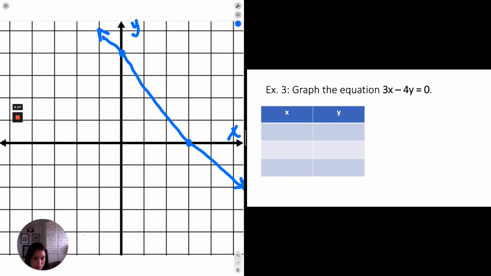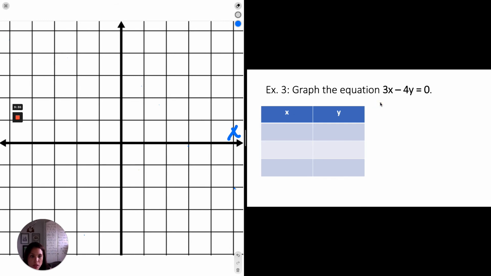So my next example, example 3, graph the equation 3x minus 4y equals 0. So let me clear my board. All right, so I'm going to start with my value of 0 for x.